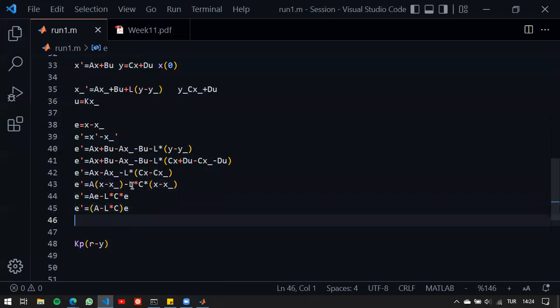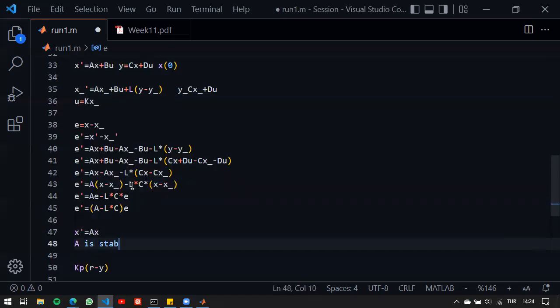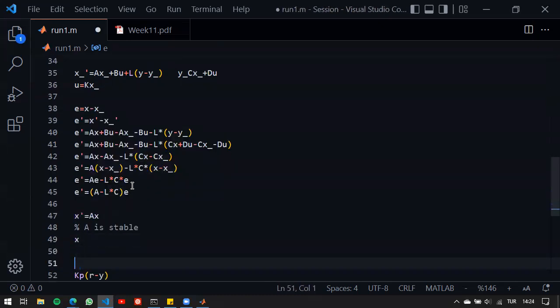So this is really, really powerful and interesting because if we have a stable system, if x dot equals ax is my system and A is stable, then x will tend to 0. Because if you're just stabilizing a system, the energy will run out and the equilibrium point will be 0.